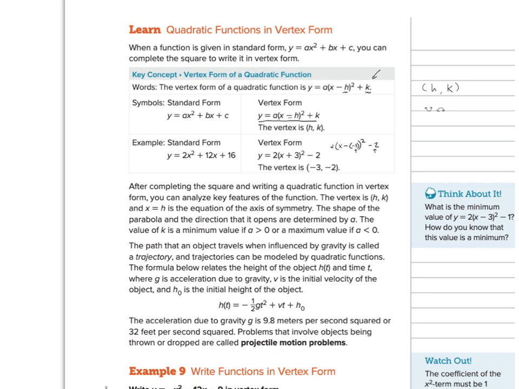They factored a 2 out, and that would be x squared plus 6x plus some number that we're going to complete the square on plus 16.